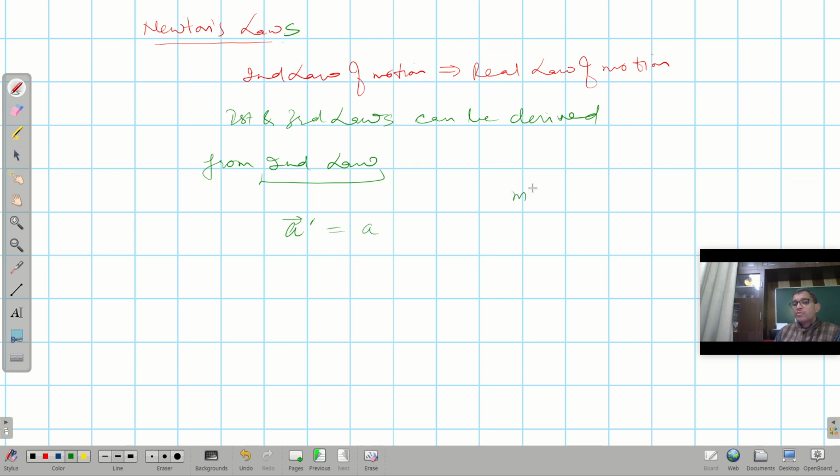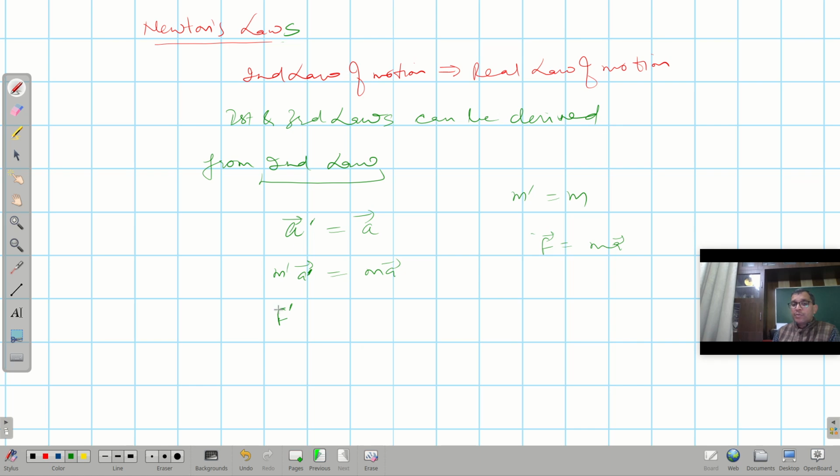Also, mass is an invariant quantity, meaning m prime is equal to m. So m prime a vector is equal to m a vector, and what is it? It is the force. And what is Newton's second law? Newton's second law says that force is equal to mass times acceleration. So what does it mean?